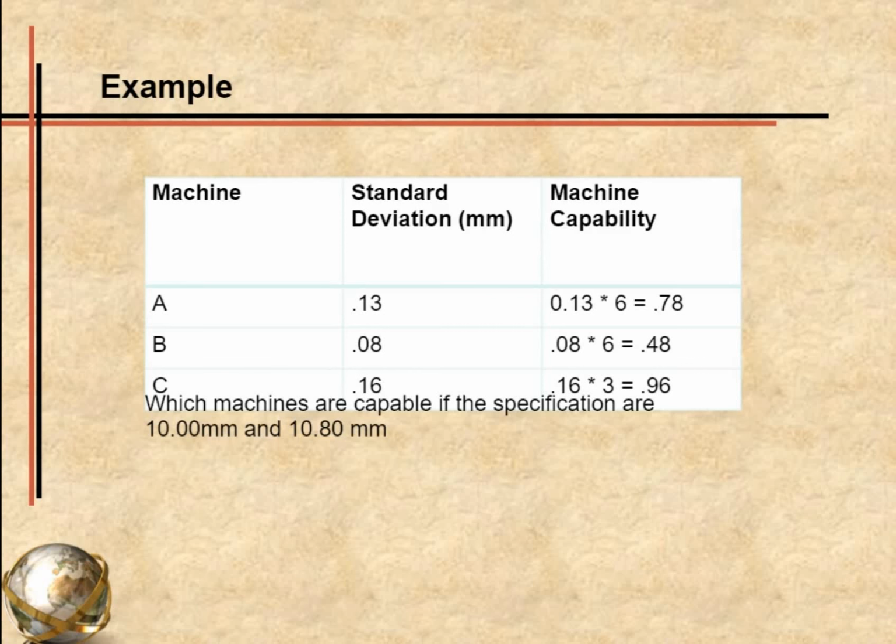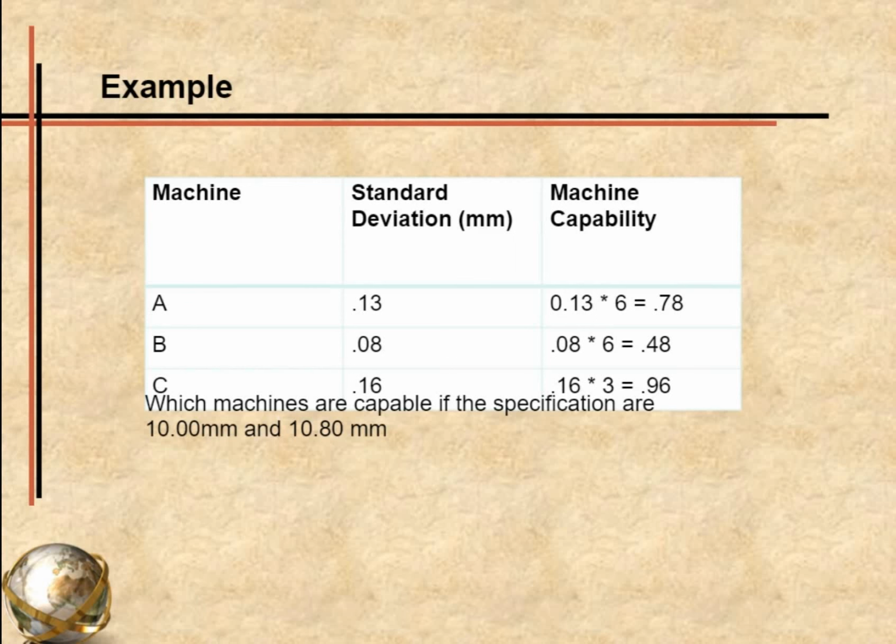Now let's use an example to understand this process capability ratio. We have 3 machines, A, B, and C. For machine A, the standard deviation is 0.13. Machine B, the standard deviation is 0.08. Machine C, the standard deviation is 0.16. Now, for machine capability here, we use 6 sigma, which is pretty much the standard today in the industry.